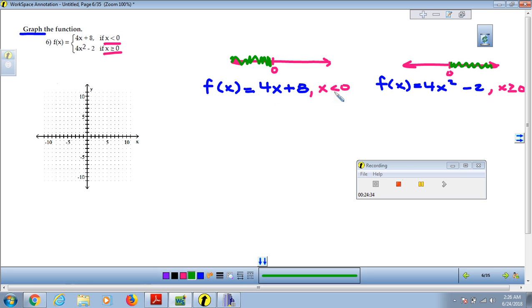Here, if you don't have an equal sign, that means this would be the symbol that we use if we're writing an interval. But in the graph, that means you're going to put an open dot. Here, this equal sign would mean a square bracket or would mean a closed dot on the graph, right? You're not going to put the brackets or the parentheses on the graph. You're going to put the dots.